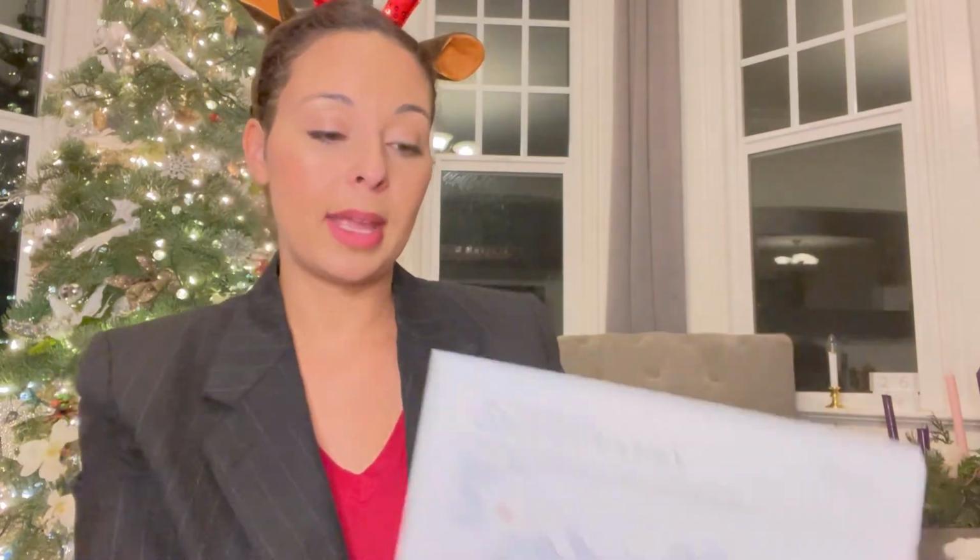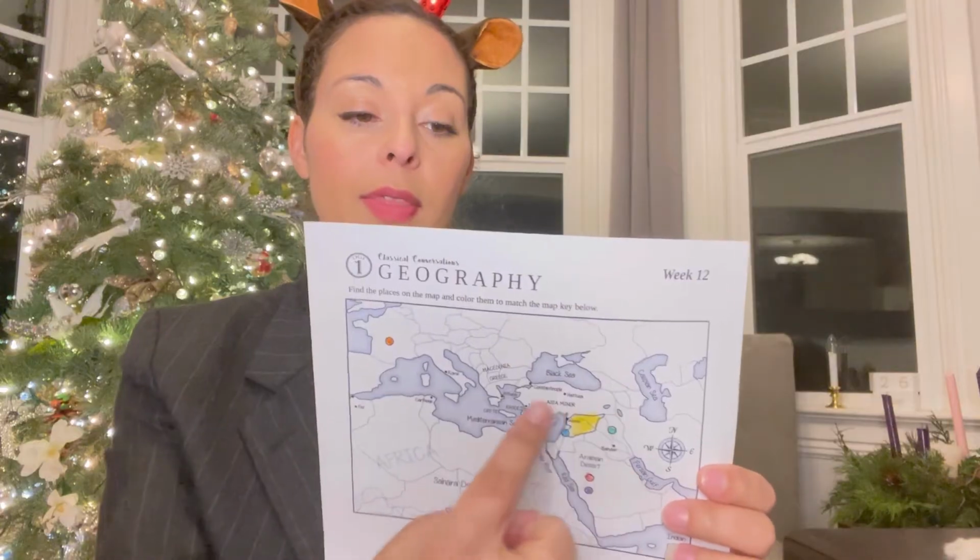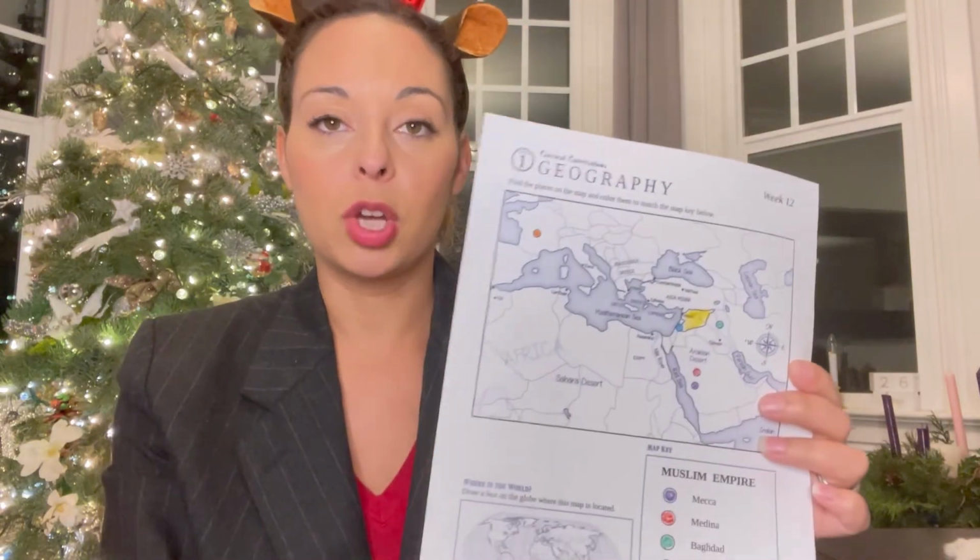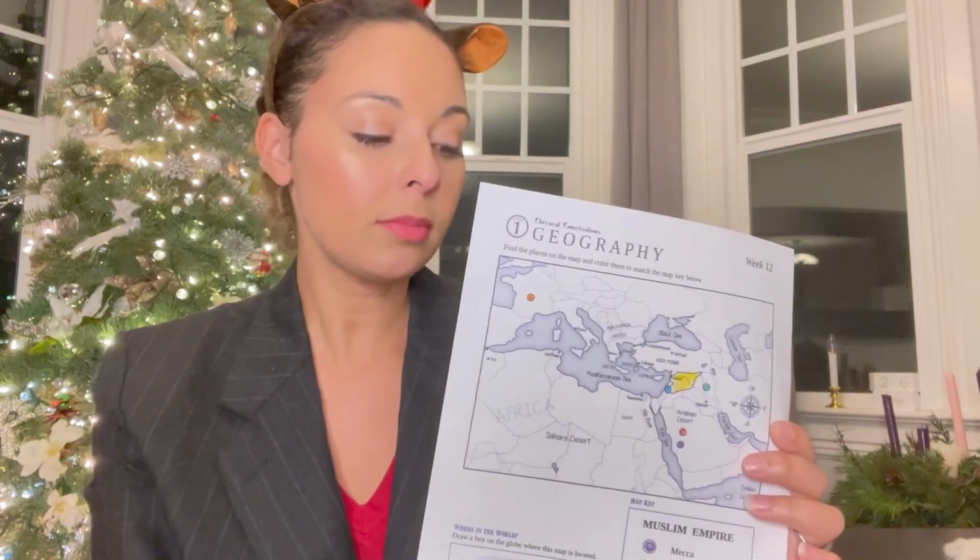And for that, up on the board, I had some highlights of where that expansion was, and basically it covered around the Black Sea, that whole area, so it kind of moved further north. And so we pointed to that section of the map when we sang about how the Ottoman Turks expanded the Muslim Empire. And that's how we covered history today.